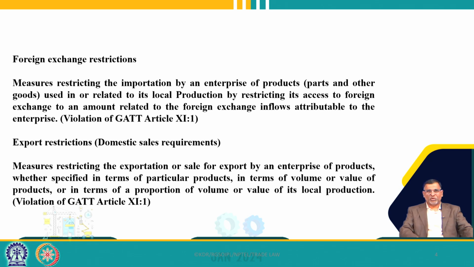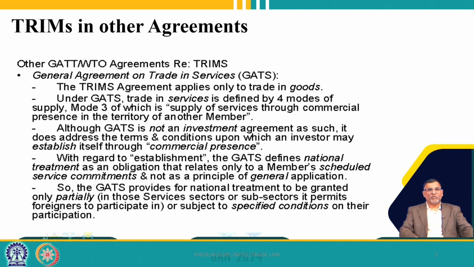They may be exporting at the same equal quantity, volume or value as the sale requirement in the domestic market. This is also in violation of GATT Article 11(1), quantitative restrictions. The TRIMS agreement very clearly lists the areas, a set of trade related investment measures.